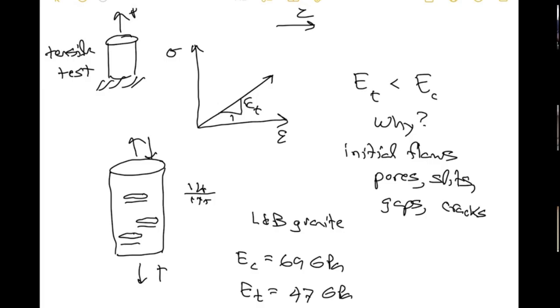The stiffness, all of the deformability is the same, both in compression or tension. So even this simple case is demonstrating that rock is more complicated than is described by a linear elastic isotropic thing.